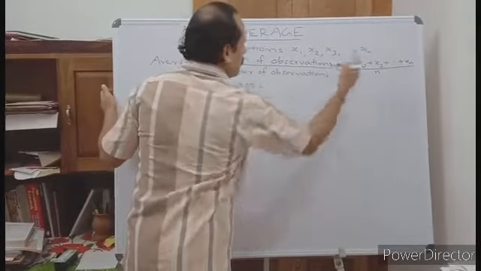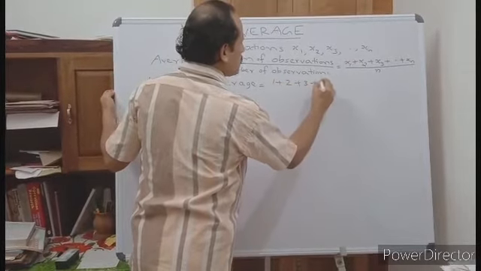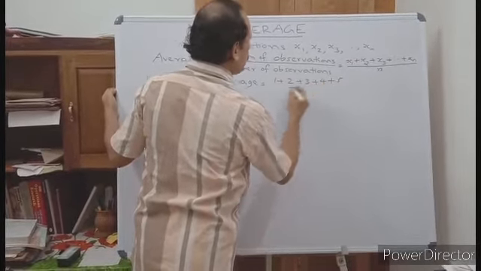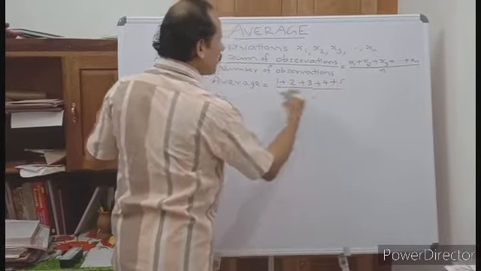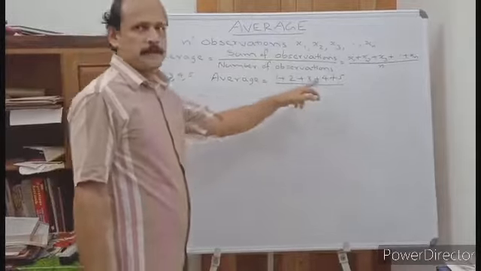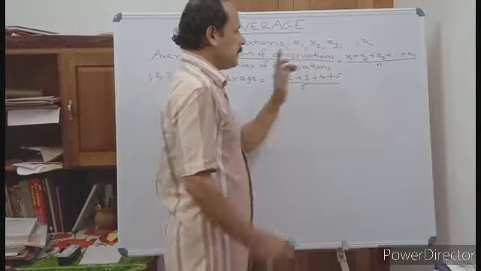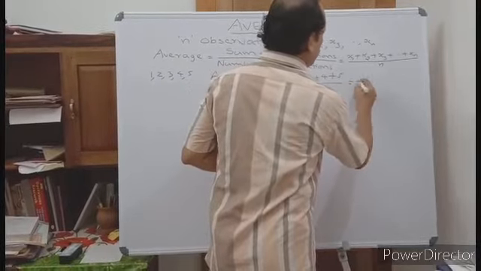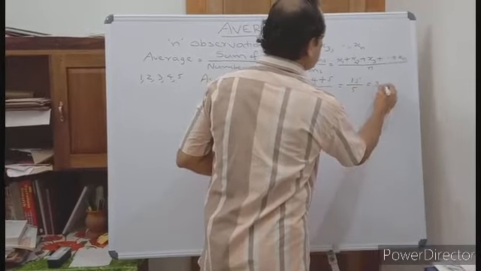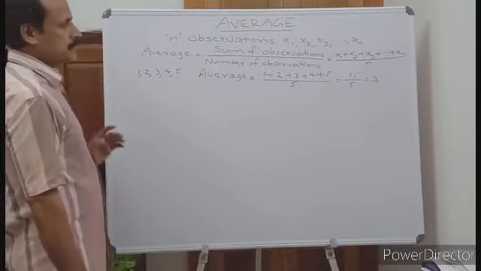So the numerator is 1 plus 2 plus 3 plus 4 plus 5, divided by the number of observations, here 5. What is this sum in the numerator? It is 3, 6, 10, 15. 15 by 5 equals 3. That we already know. The average is 3.